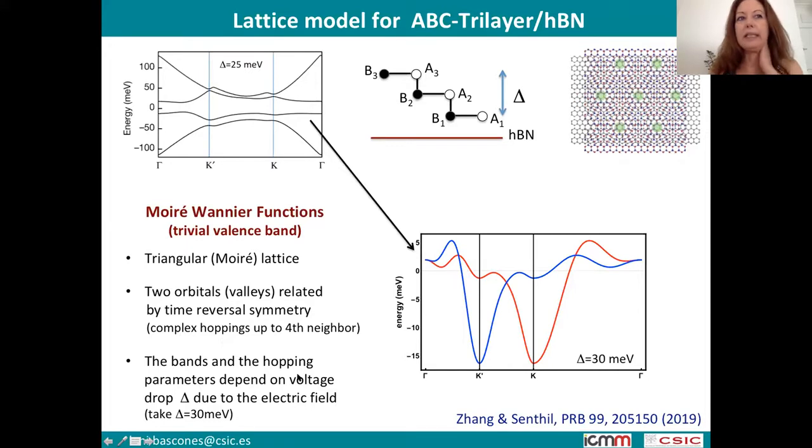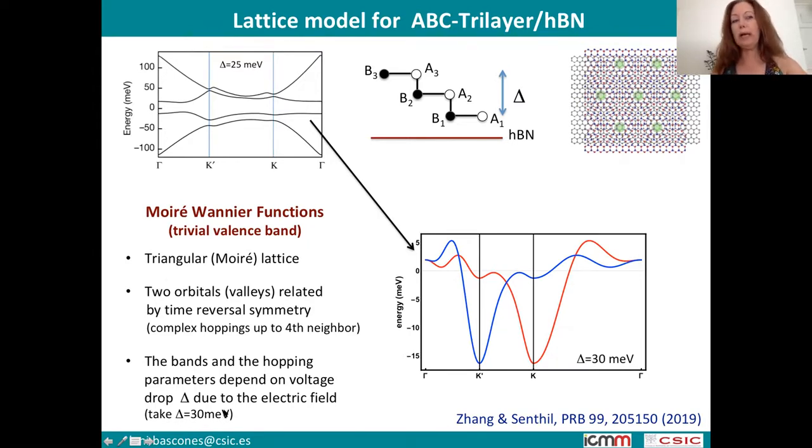Both the bands and the hopping parameters are going to depend on the voltage. In most cases, unless I say something in particular, I'm going to take a specific value of the field, which is 30 milli-electron volts.